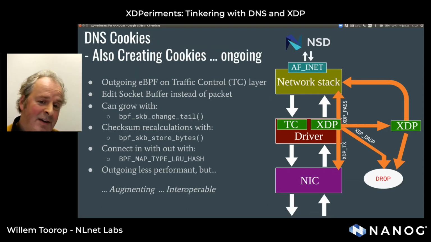But it's not as fast as XDP, of course, but much more flexible. So in this way, the cookie mechanism could be added to DNS services that do not know about cookies or do not have it. For cookies, this is especially interesting because in the first implementation different software vendors implemented it differently and were not compatible. So in this way, you would also have a uniform DNS cookie implementation.